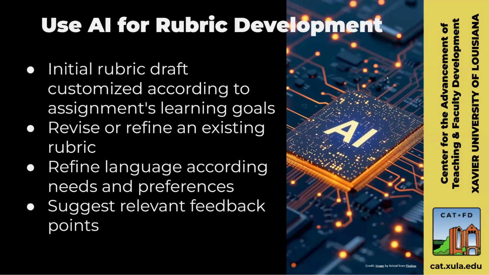If you already have a rubric, you can use AI to help you revise or refine that rubric. And in looking at your rubric, you can ask it to suggest some feedback that you could provide to the students for the different levels and criteria. So it's really good at putting together that work.